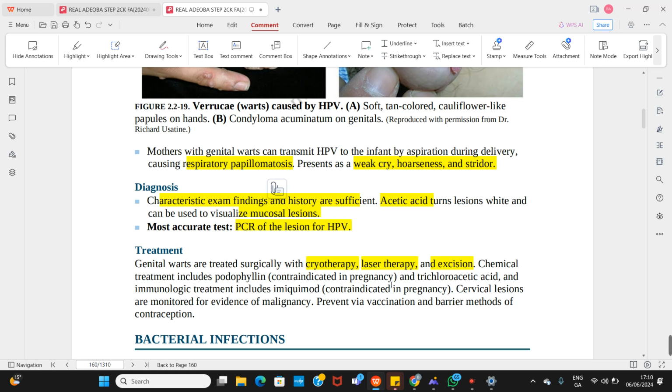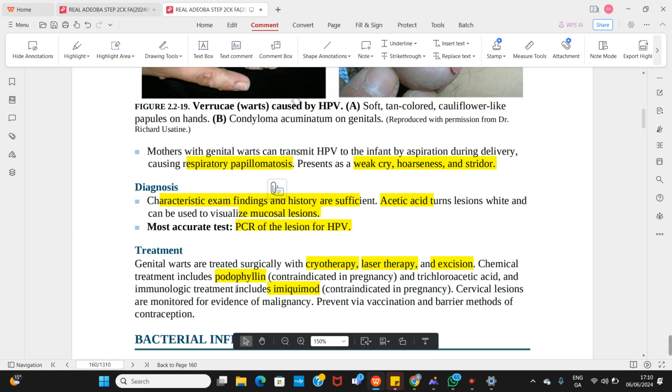For genital ones, you can apply some chemicals like podophyllin and imiquimod. So imiquimod is more like an immunomodulatory drug that activates toll-like receptor 7, activating the macrophages to take up the infection and resolve the lesions.